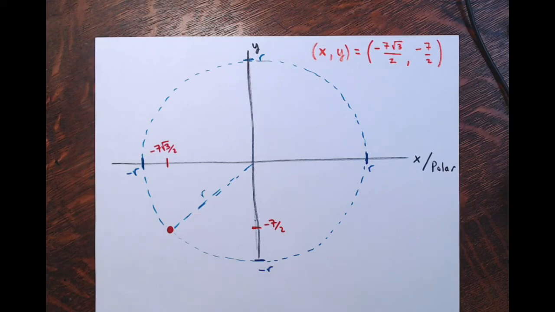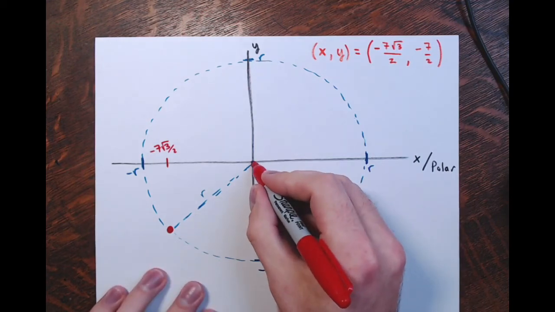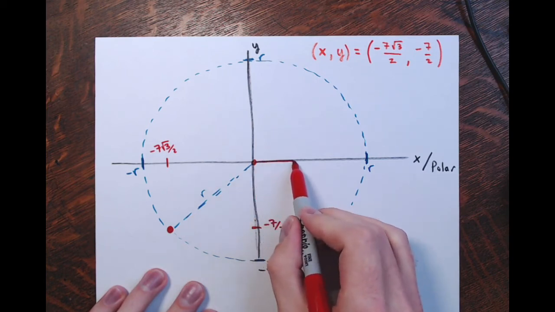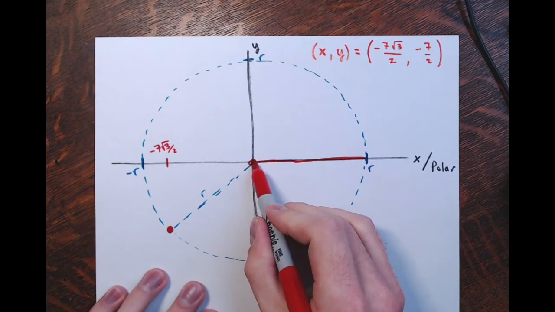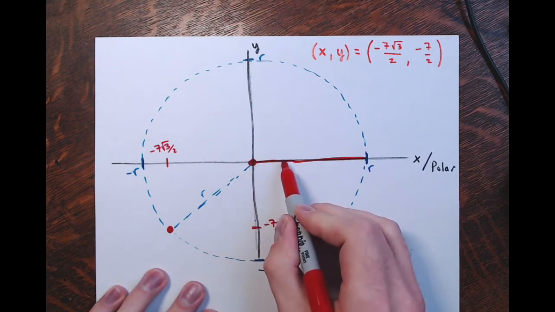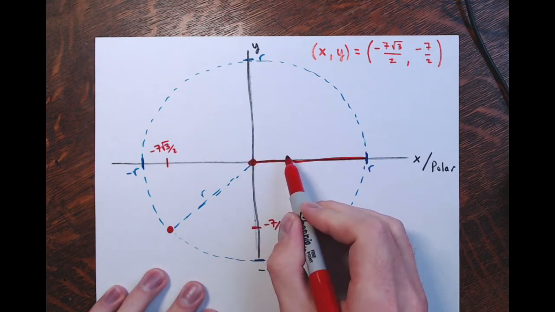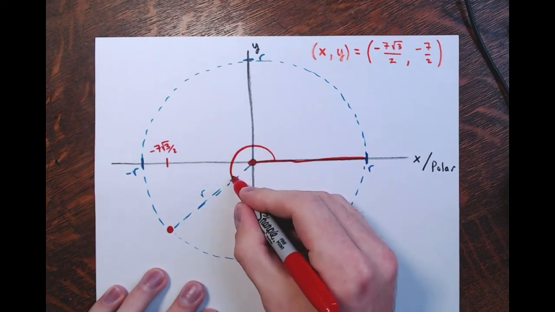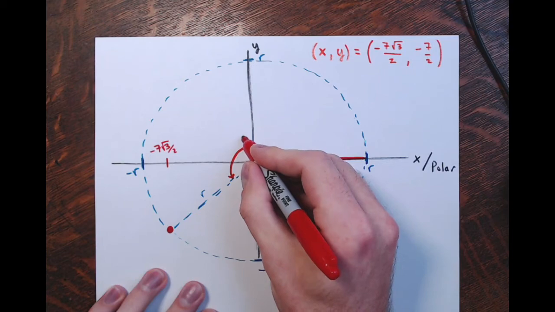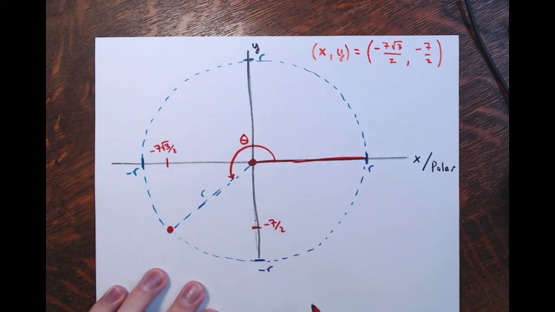Now the angle we're looking for. Usually, remember, almost every time I've drawn an angle, we've wanted an angle that started from the positive horizontal axis, right? So the angle I'm looking for could be this angle here, and if I wanted to make it nice and positive and counterclockwise.